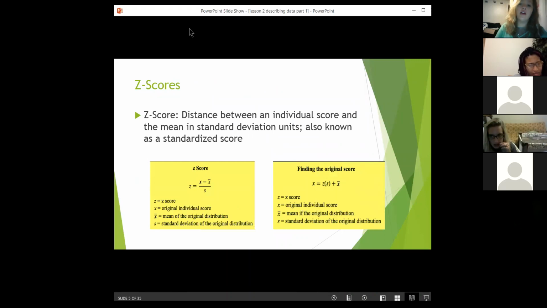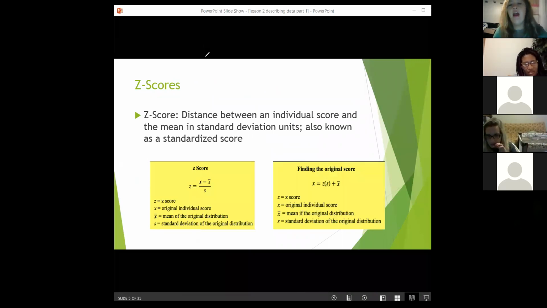Okay, so z-scores. Everyone kind of gets tripped up on these every year. A z-score is a way to standardize whatever data you have.